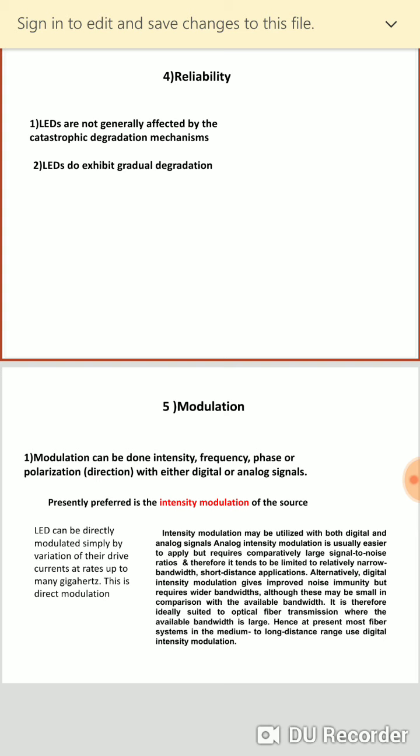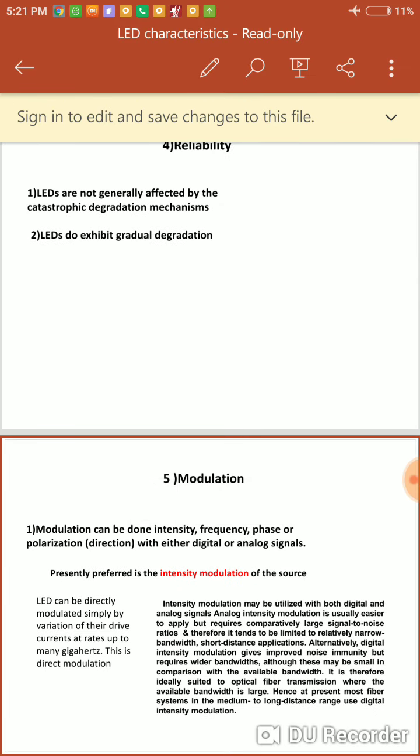Let it be LED or laser, both come under the light modulation type. In light modulation, light is acting as a carrier signal. We are changing the characteristics of light with respect to the modulating signal.